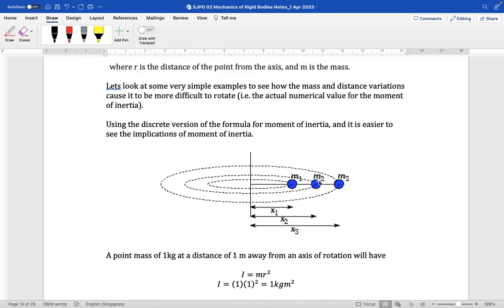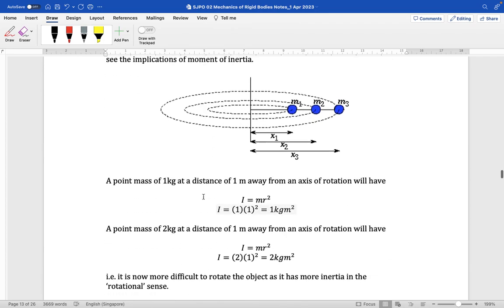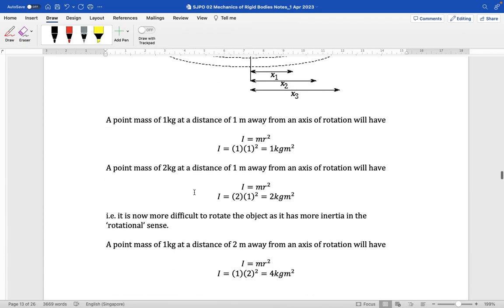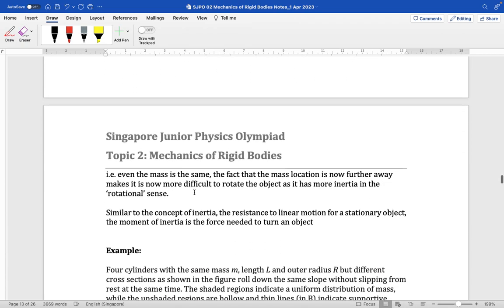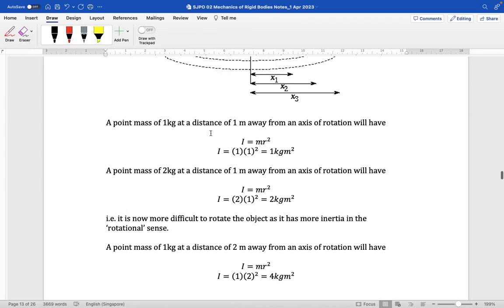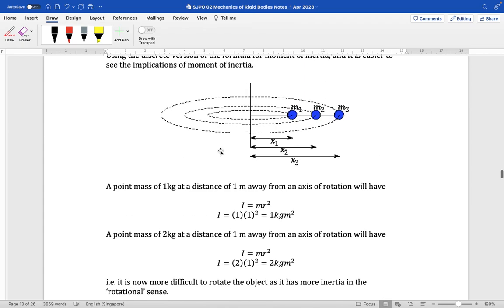At this point, we also want to make a quick comment. Let us calculate the moment of inertia for each of them individually and do a comparison. For a 1 kg object, 1 meter away, you realize that the moment of inertia is 1 kg meter squared.